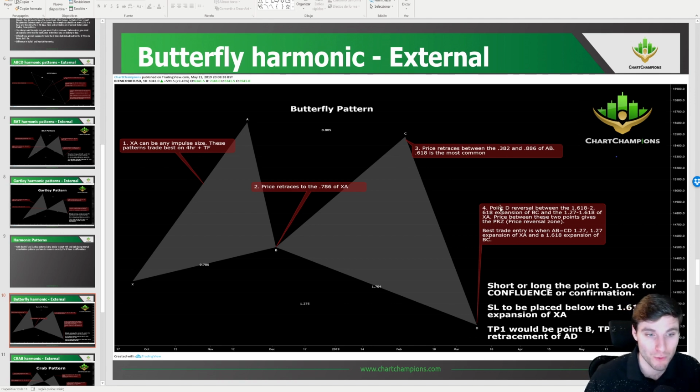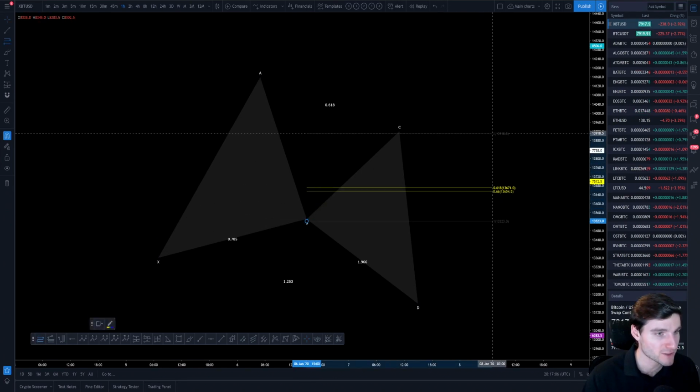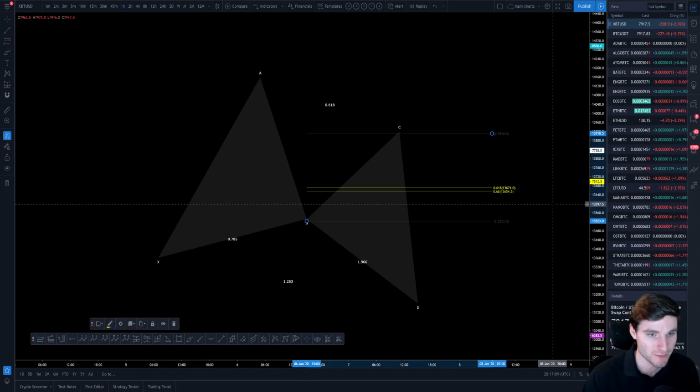But basically, what we're looking at is point D between the 1.618 and 2 expansions of B and C. So if we load this up, from B to C we can go from B up to the C and put this on an expansion.